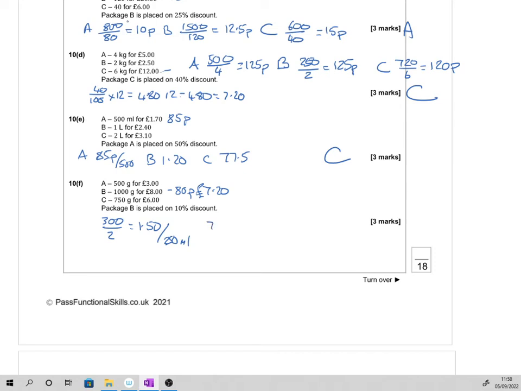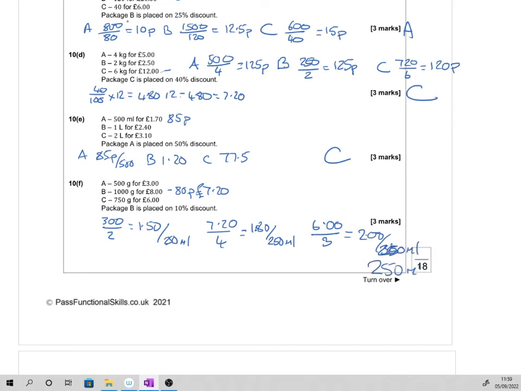This one, £7.20 divided by 4 is £1.80 per 250 mil. And C is £6 divided by 3, which is £2 for 500 mil. For 250 mil.